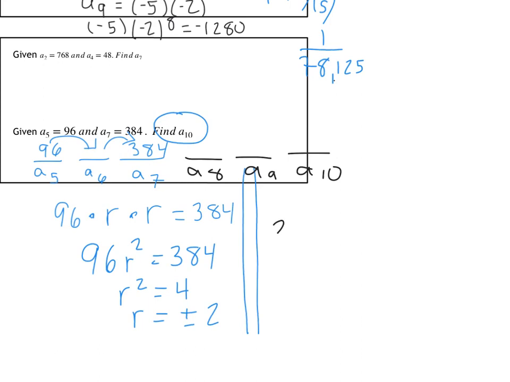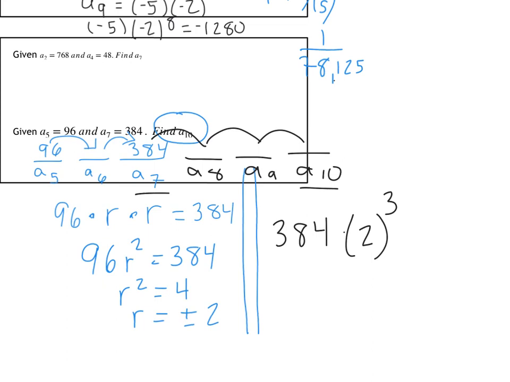Which means I'm going to take 384 right here and go 7, 8, 9, 10. I'm going to go up from the 7th to the 10th term is 3. So I'm going to take the ratio, in this case, positive 2 to the third power.